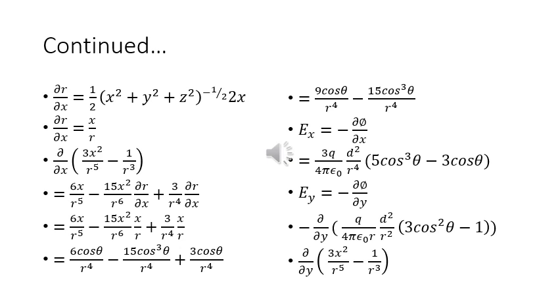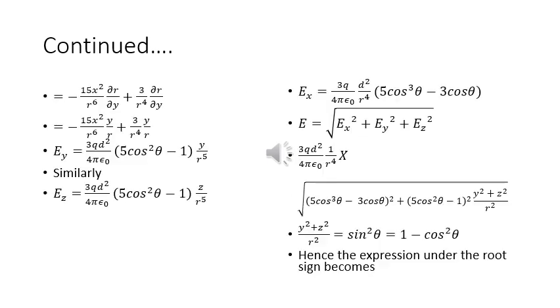Now ∂ by ∂y of 3x² upon r⁵ minus 1 upon r³ yields minus 15x² upon r⁶ δr by δy plus 3 by r⁴ δr by δy, which is minus 15x² upon r⁶ y by r plus 3 upon r⁴ y by r. So Ey is equal to 3q d² upon 4π epsilon naught (5 cos²θ minus 1) y upon r⁵.